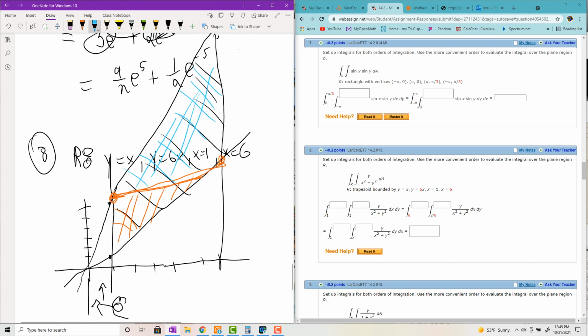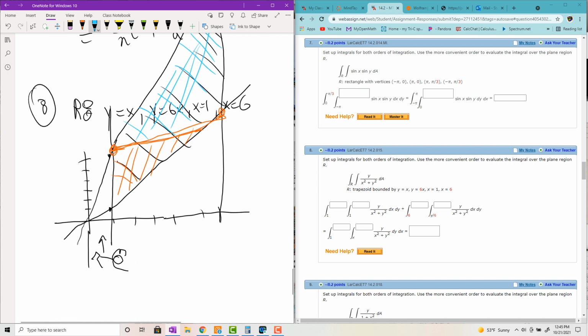So first off, I need to figure out the intersections, right? So for y equals x, this point here is (1, 1). And then this point right here, when x is 6, y will be 6. So this will be the point (6, 6). I need to then figure out these two points as well.